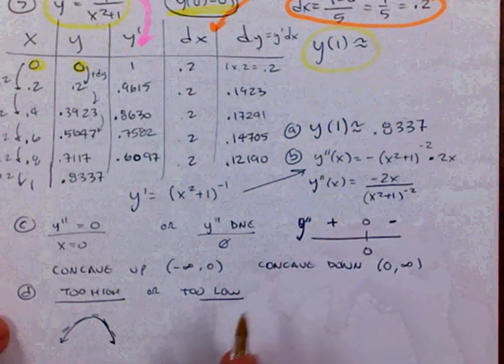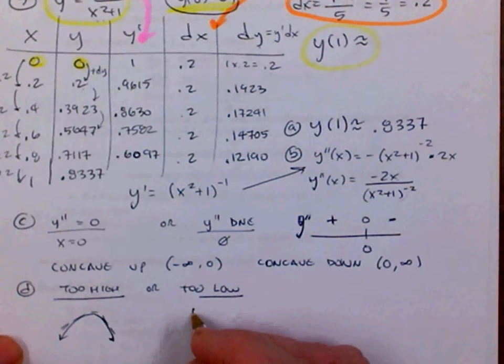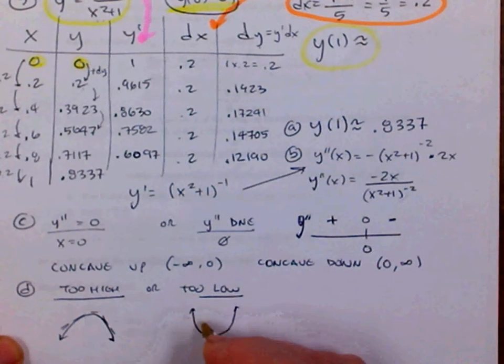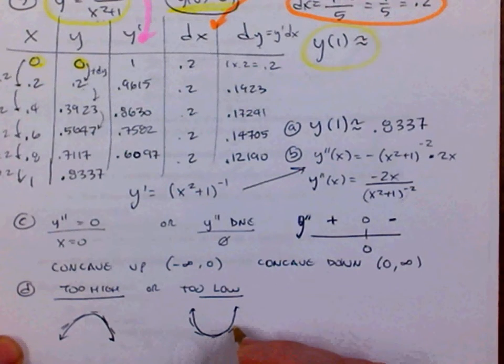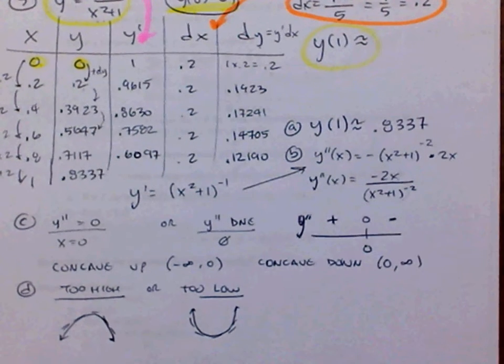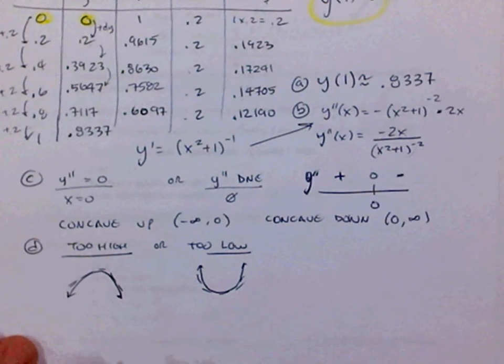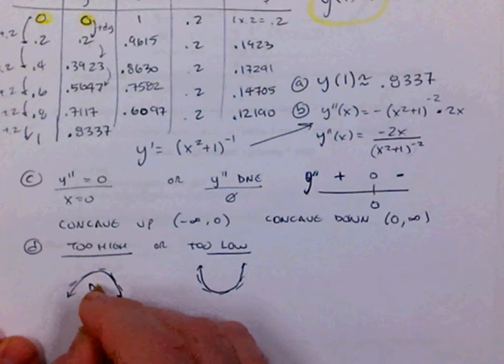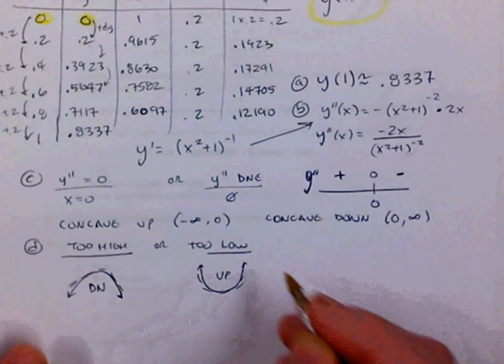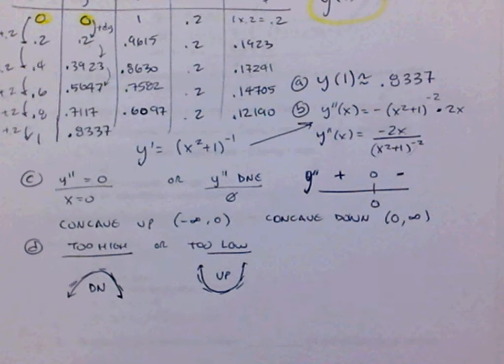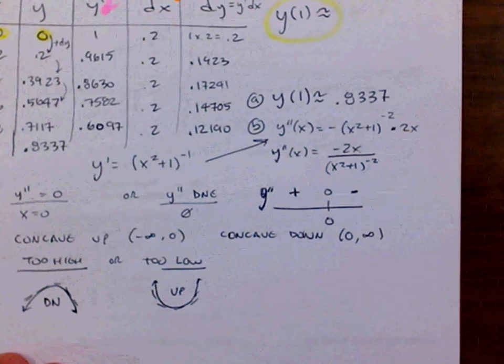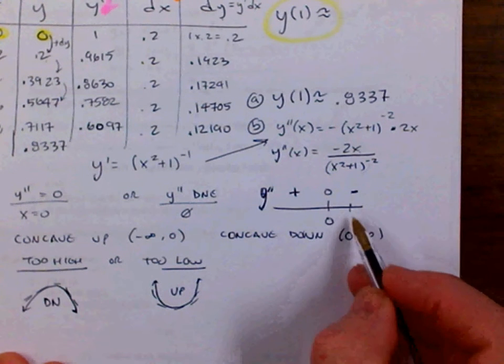If we are concave up, then our tangent lines are always going to be below the curve, and we're going to be too low. So concave down or concave up will determine if we are too high or too low. Our estimate was at x equals 1.